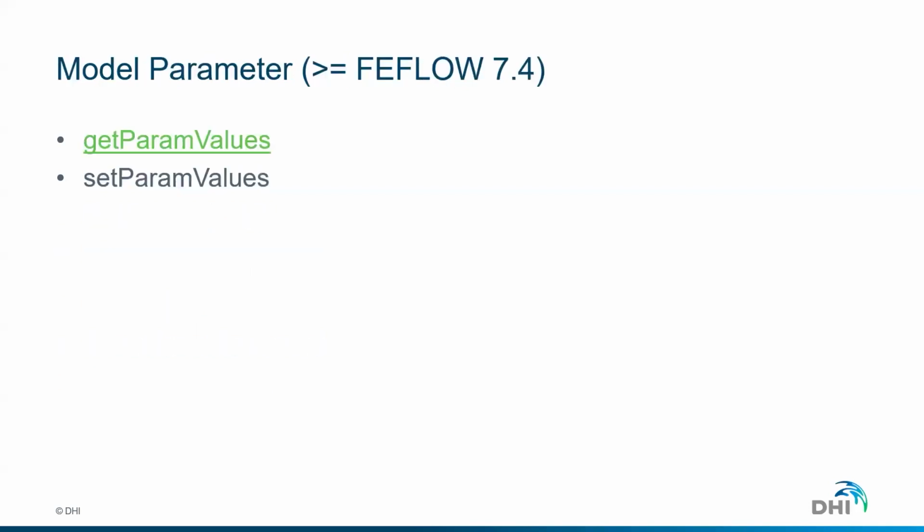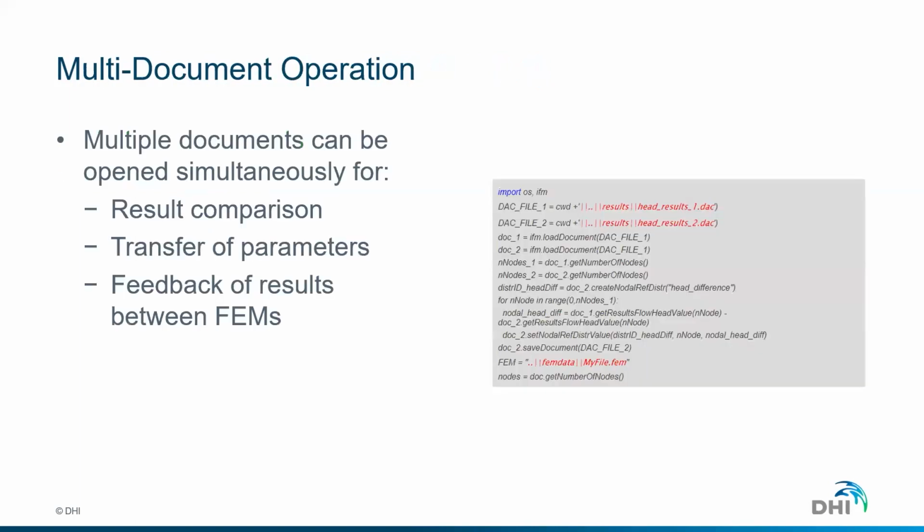You can set parameters or get parameters in one single line. So you can say, get parameters, give me the entire groundwater recharge, and then you get as a result a Python list with all the different parameters organized according to the node number or element number.